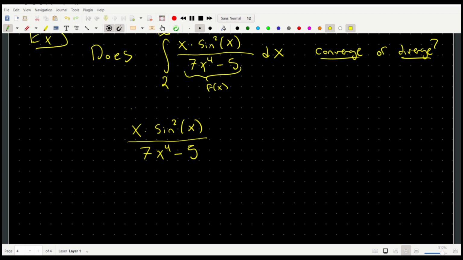It's always positive though, so we know this is always greater than or equal to 0 for all x on the interval from 2 to infinity, because we have sine squared here. So this will always be positive, and the x will always be positive, and so will this as well. 7 times x to the fourth minus 5 will always be positive on this interval.